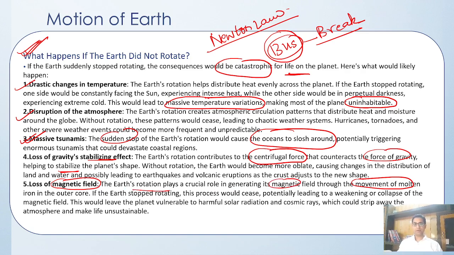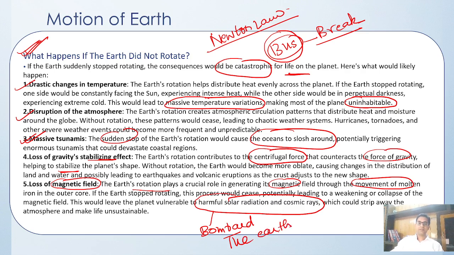If the earth stops rotating, this process will stop and the magnetic field will become weak. Once it becomes weak, harmful solar radiation and cosmic radiation will bombard the earth's surface and strip away life from planet earth.